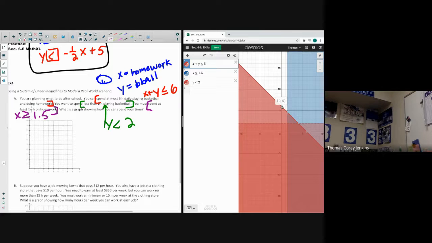One of mine has (0, 6) and (6, 0), so that would be this one right here. It goes through (0, 6) and (6, 0). Also, it is solid, and we shade below it.